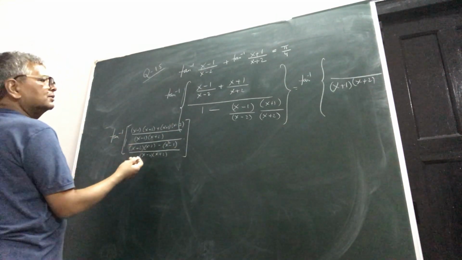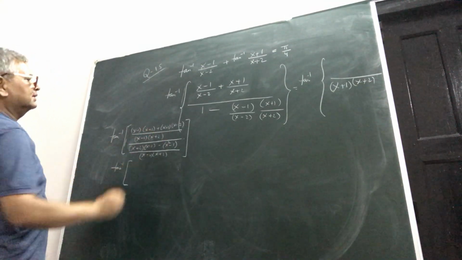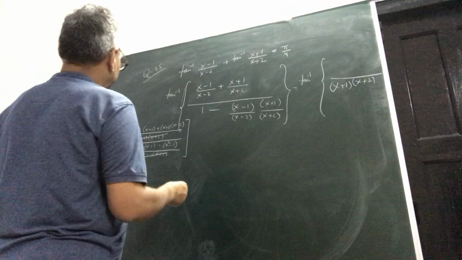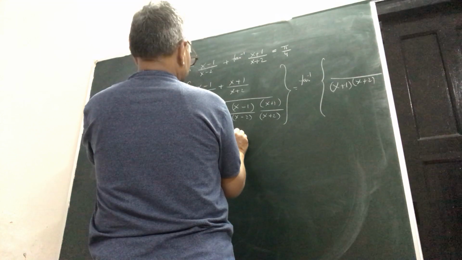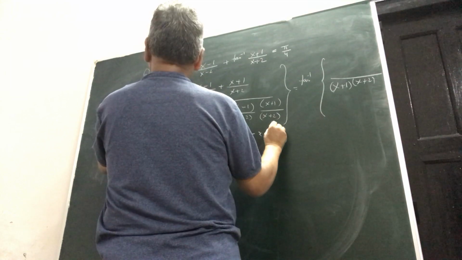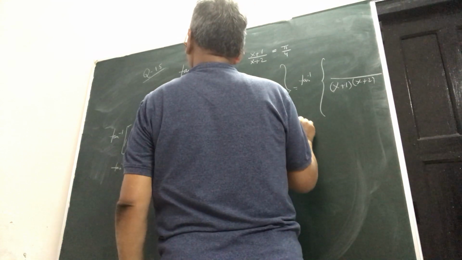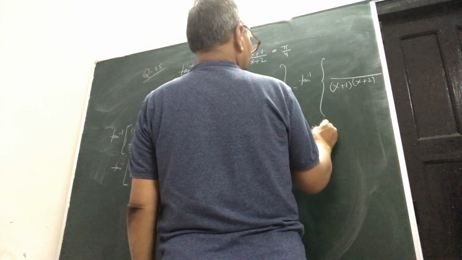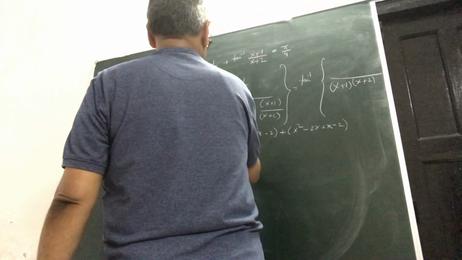Let us simplify this thing. So what does it give us? It is tan inverse. This denominator will cancel, so nothing to worry here. x minus 1 into x plus 2, so it is x square plus 2x minus x minus 2, plus this bracket is x square minus 2x plus x minus 2, okay, and upon what?